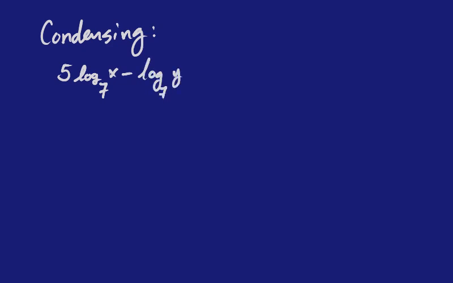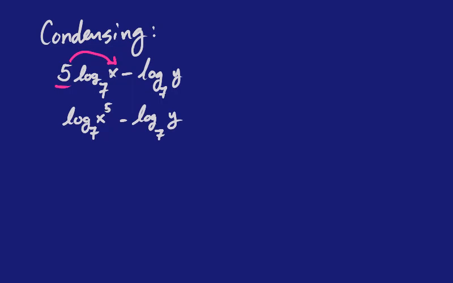Usually the first thing I do is take all coefficients and turn them back into exponents. So we would have log base 7 of x to the 5th minus log base 7 of y.